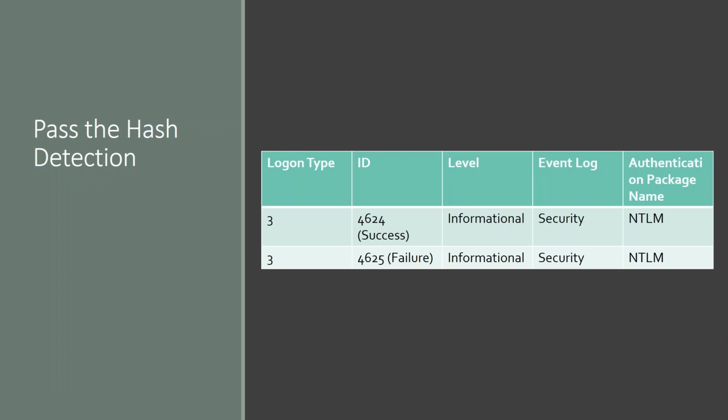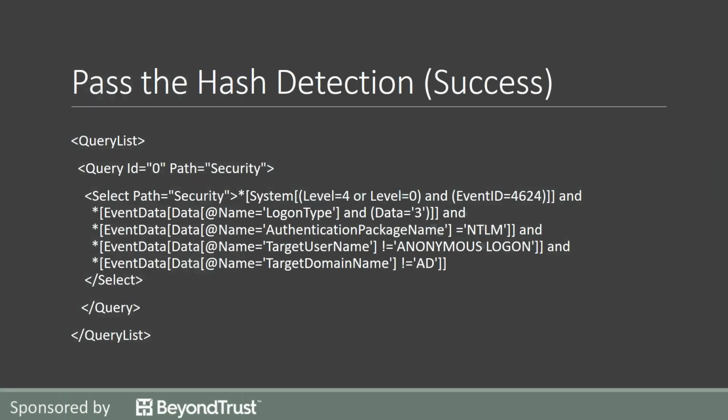And in order to detect if that is happening on your device, you can see a couple of events here that you should look for: success and failure. So here I have a couple of filters already set up. This one is for parse the hash detection success. If you have a look there, you can see the event ID 4624 that was on the previous slide, and there is other information that I'm looking for to pull out that event in the custom views, the logon type and the target username, anonymous logon for instance.